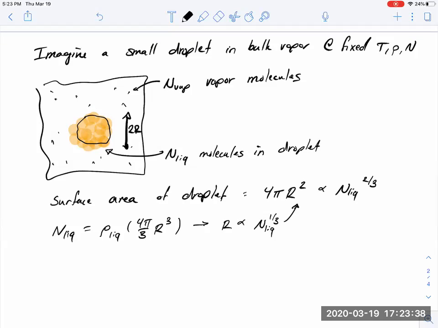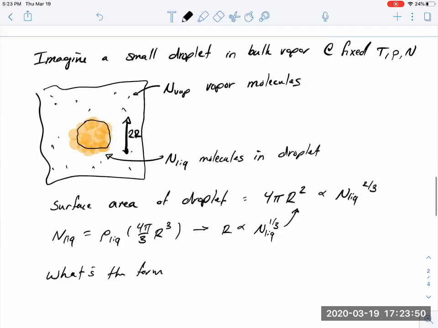If we want to say something microscopically, we are well equipped to do that. And the specific question we might ask is, what's the form of the probability to see this specific droplet, to see some specific number of particles in that droplet?